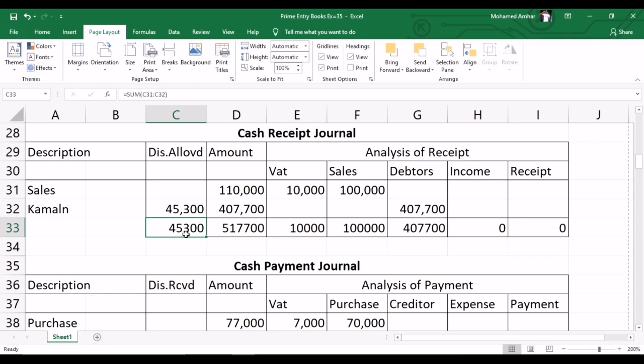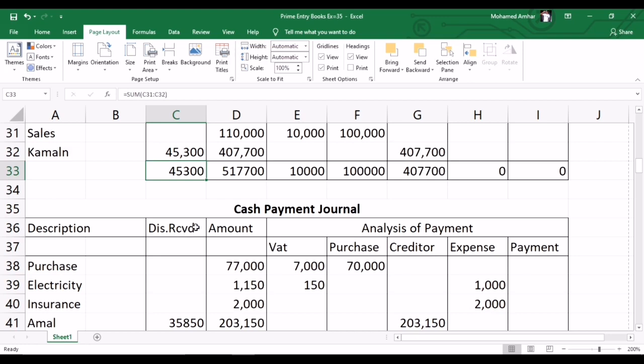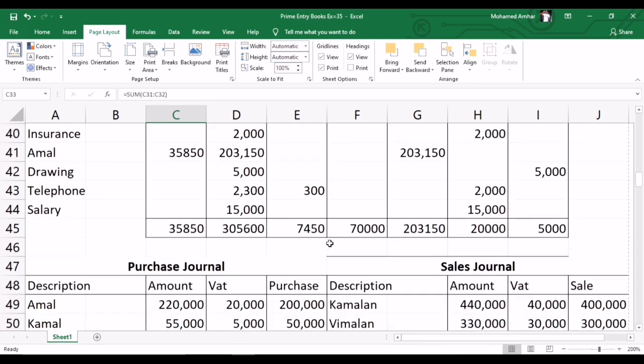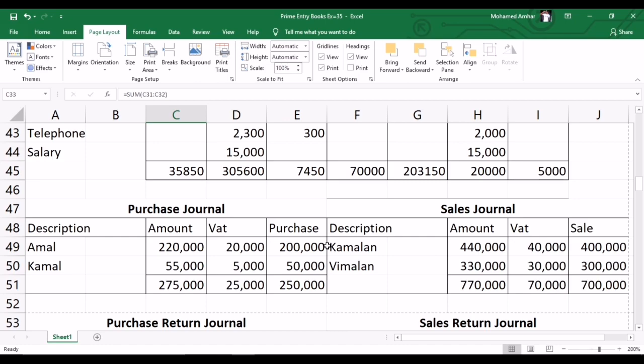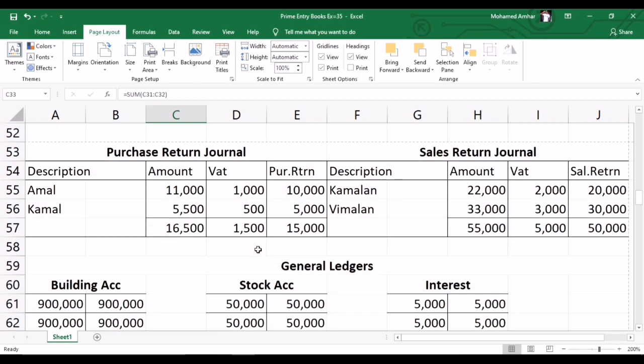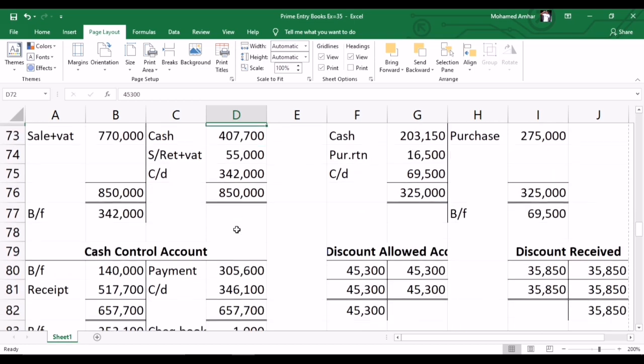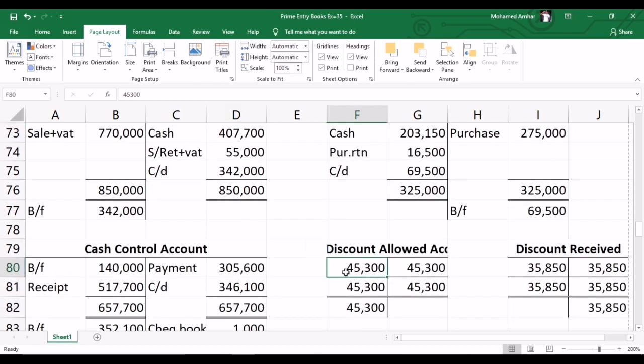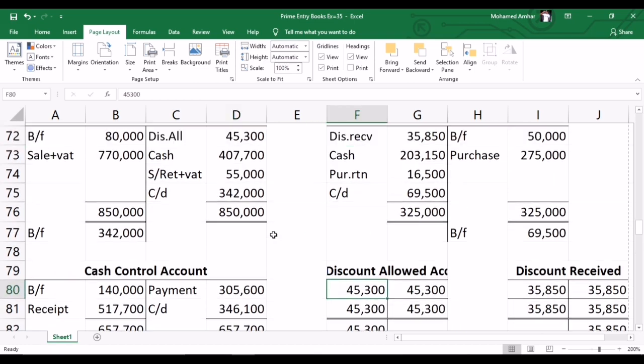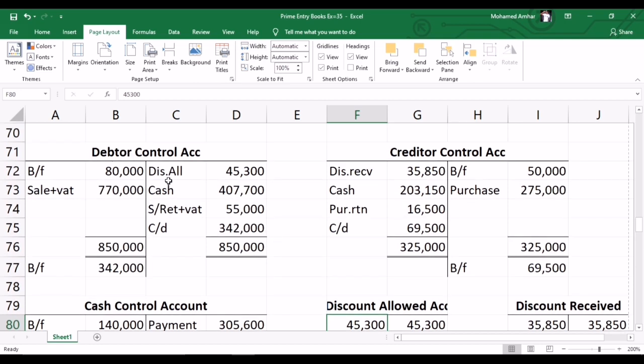So debtors balance is decreasing. So debtor account should be credited and discount allowed account should be debited. Check. Debtor control account credited and discount allowed account debited here, because by discount allowed the debtors amount is decreasing.